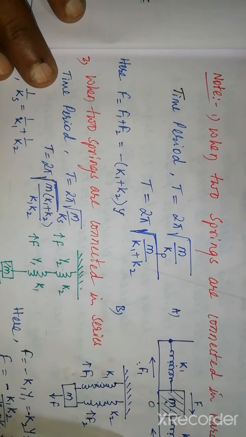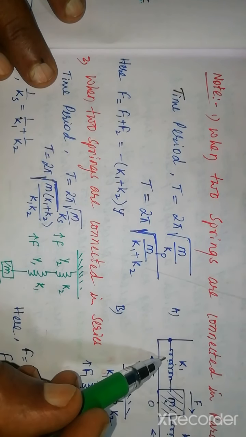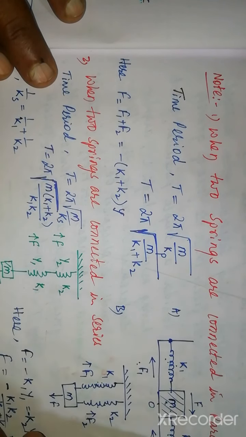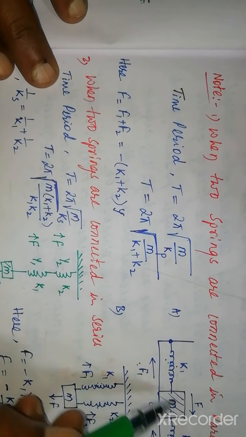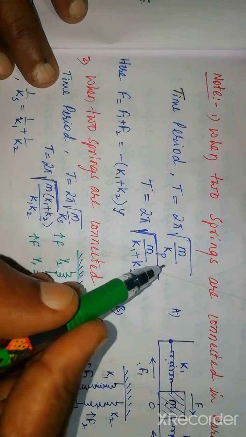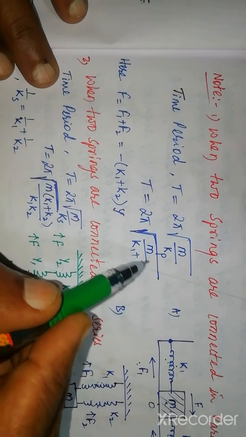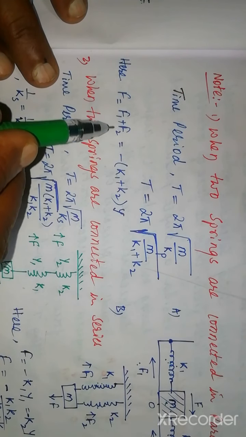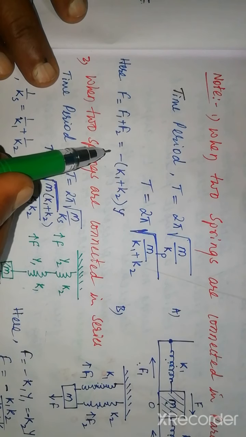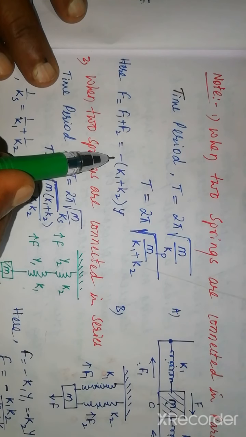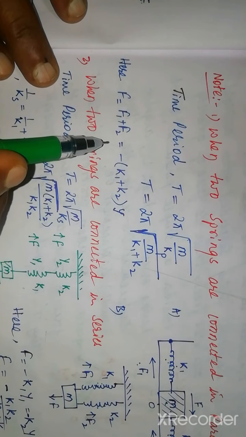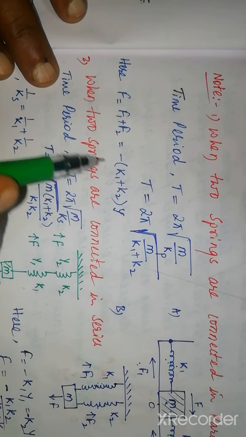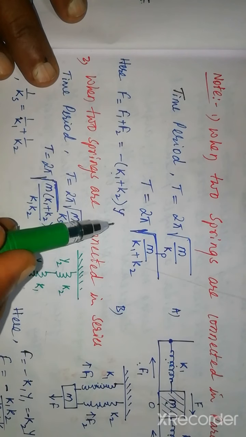So F1 and F2 are the restoring forces for spring 1 and spring 2. K1 and K2 are the spring constants for both the springs. For parallel combination, the net force constant is the sum total of force constant due to individual springs. Here the net force F equals F1 plus F2, or that equals, substituting for F1 and F2, minus K1 plus K2 times y.